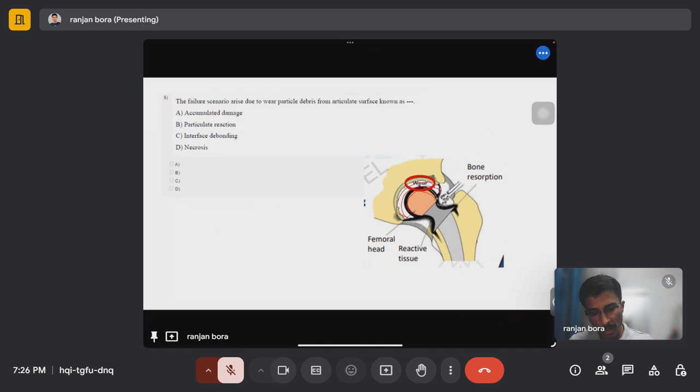Some wear happens in the articulating surface, and because of that wear there is bone resorption happening, and this phenomenon is known as particulate reaction, option B.